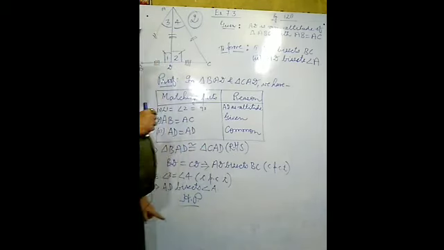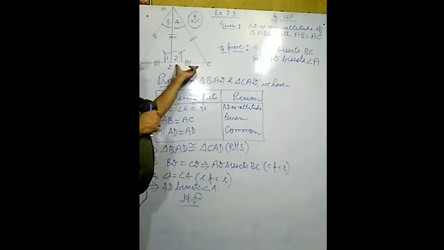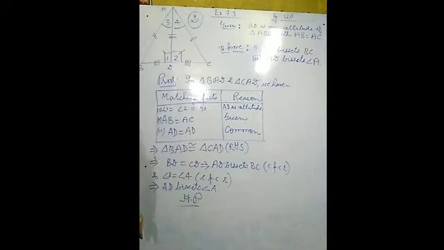On the basis of this, we can say that BD equals CD by CPCT. If BD equals CD, so what role does AD have? So AD is the bisector of BC. This is the first part, and the first part is proved here.